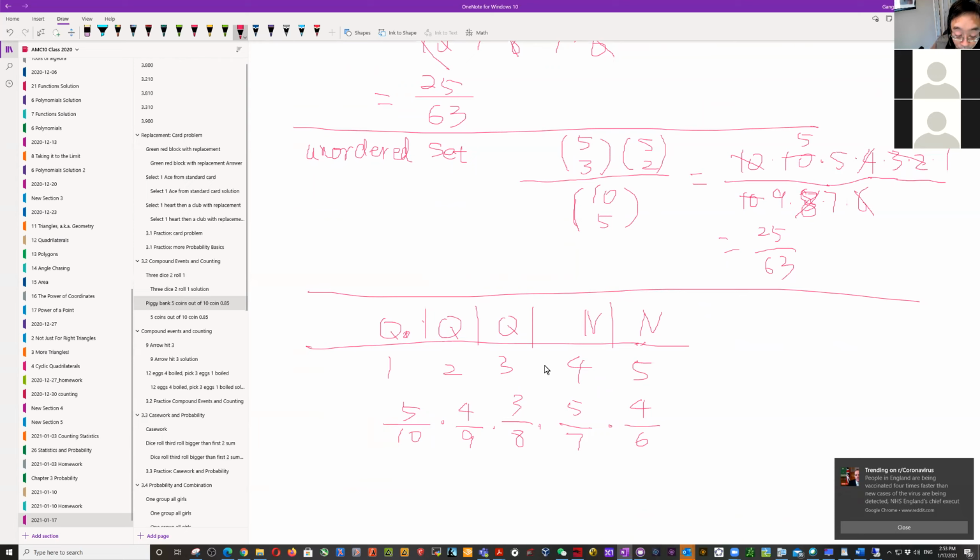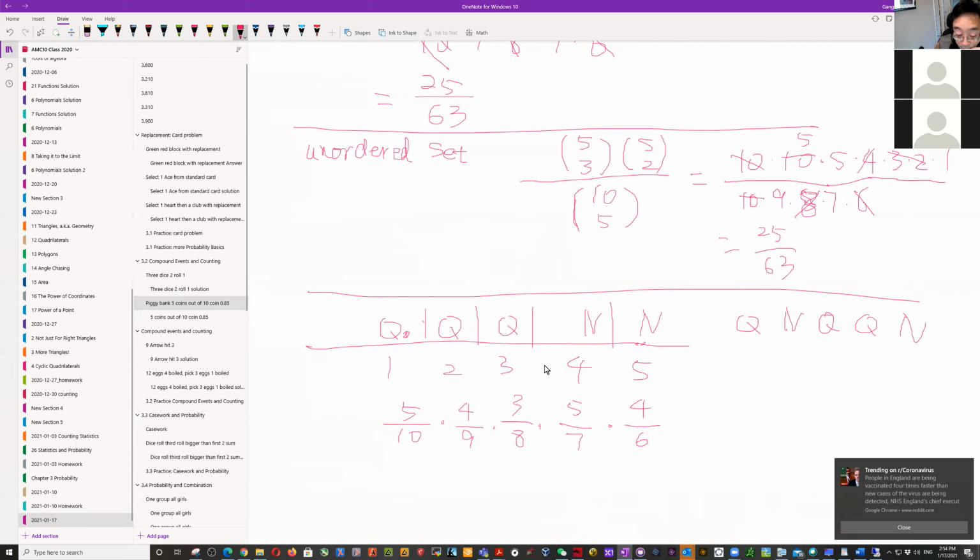That's the probability of picking quarter in the first 3 positions and picking nickel in the last 2 positions like this. But there are tons of ways. So I can do quarter, nickel, quarter, nickel.